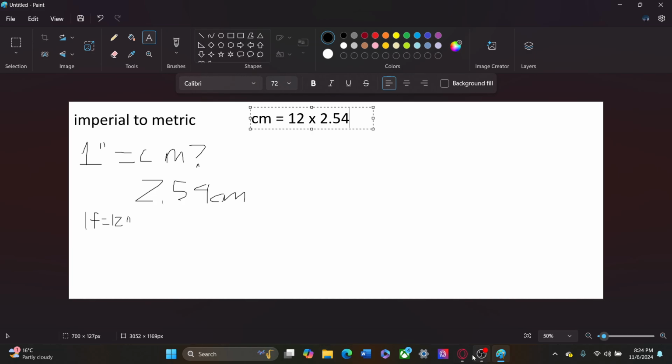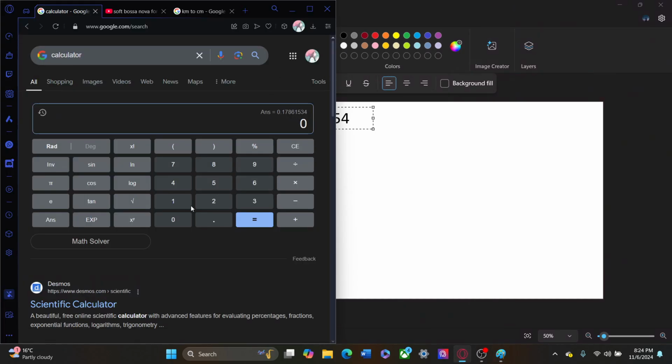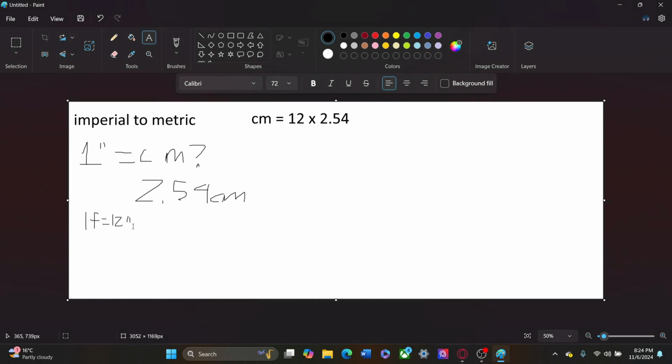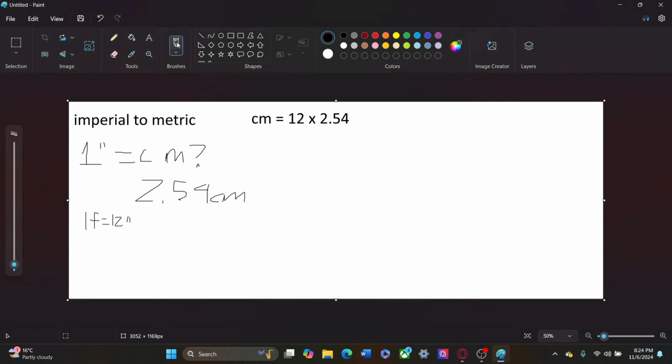All right. So here, 12 times 2.54, boom, 30.48. So that means now we know that 1 foot equals 30.48.